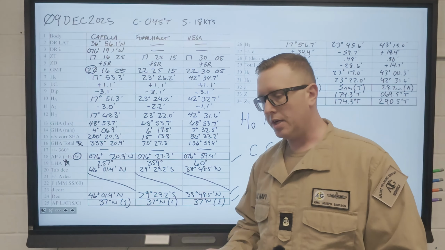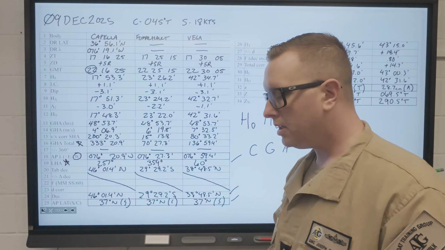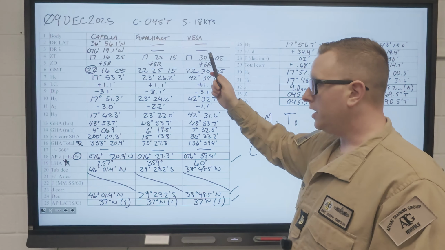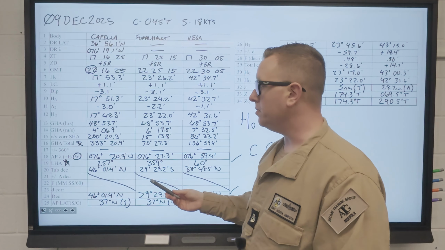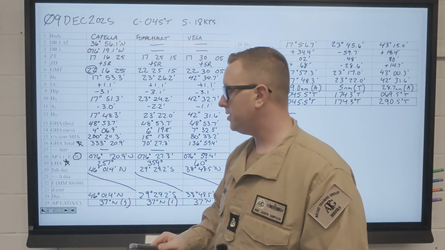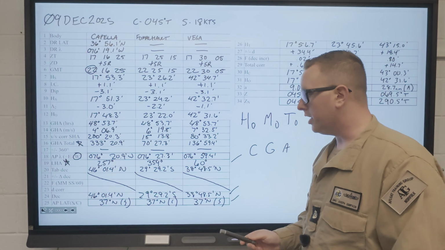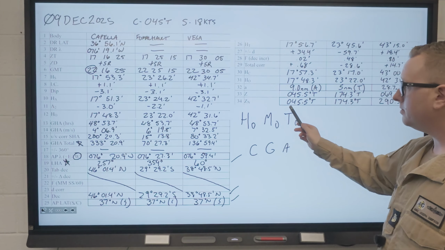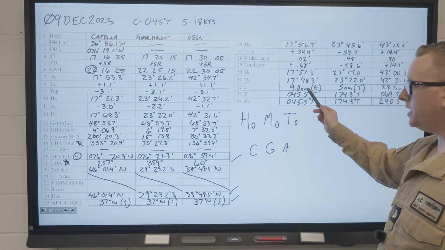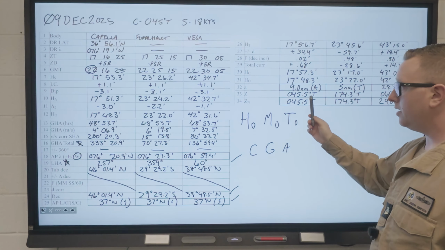The information you need to go to your universal plotting sheet. I'm going to show you how to set up your universal plotting sheet, plot your DR. You're going to plot your assumed positions, so assumed longitude, assumed latitude. You're going to plot the bearing line. Then you're going to measure out your intercept in miles.